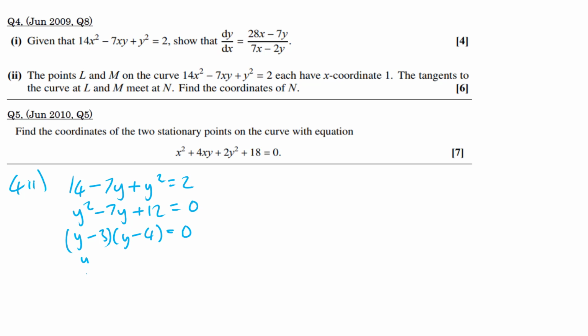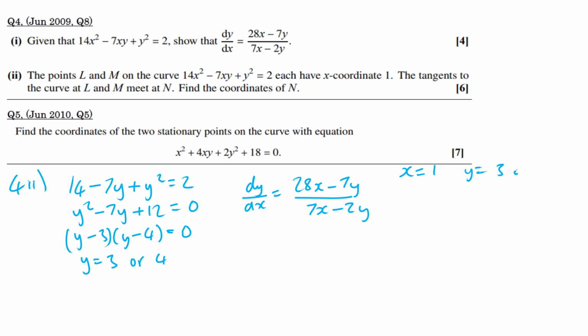And then that means we know that y coordinate equals 3 or 4. Now, can you see we've got the dy/dx here? Now we also know x equals 1 and y equals 3 or 4.